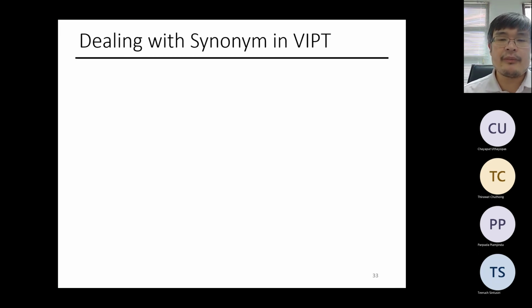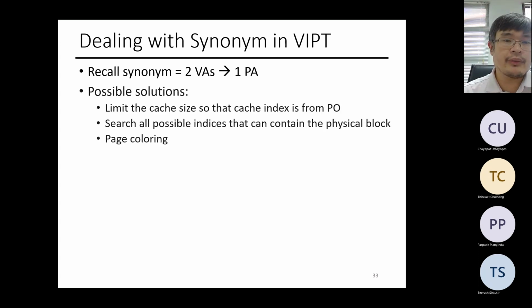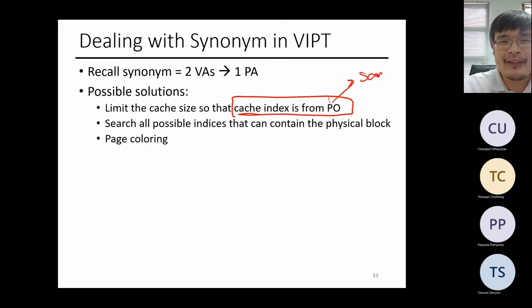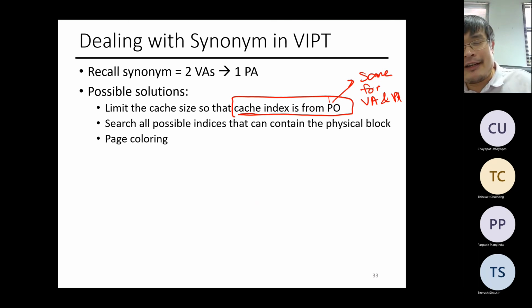To deal with the synonym problem, where you have two virtual addresses mapped to one physical address, one solution is to limit the cache size so that the index part comes from the page offset. Why? Because the page offset is the same for VA and PA. If the index bits come from the page offset, it guarantees that the virtual address and physical address index are the same.